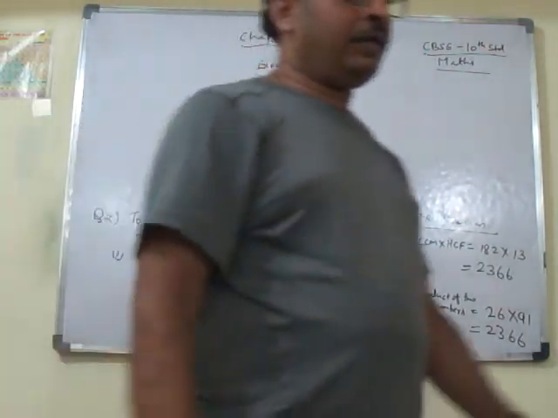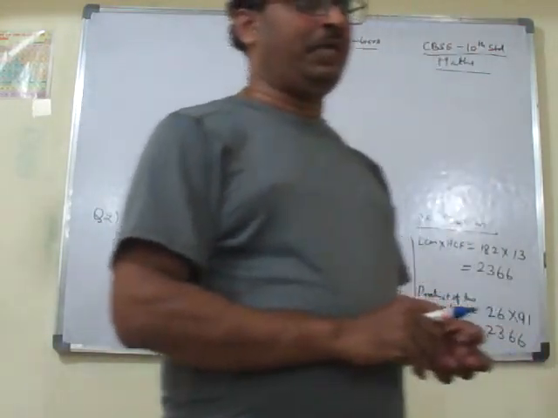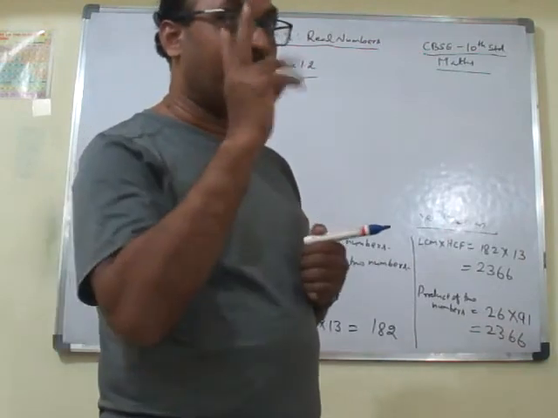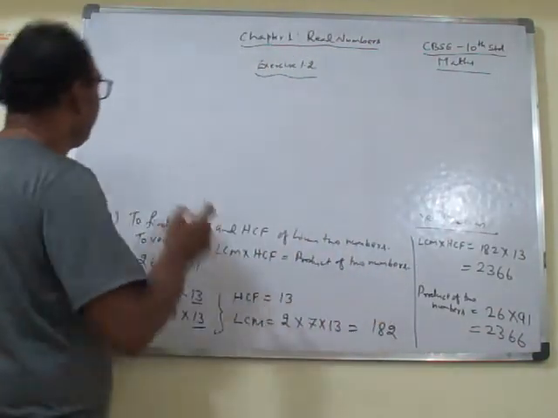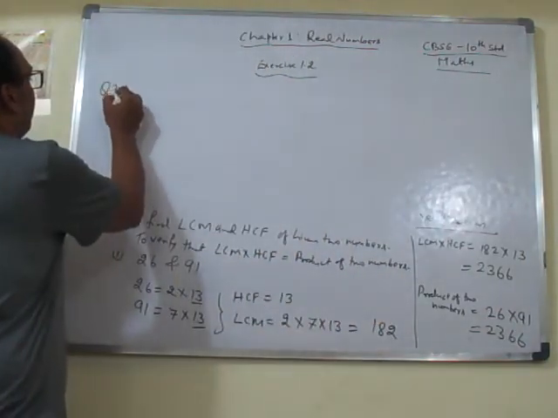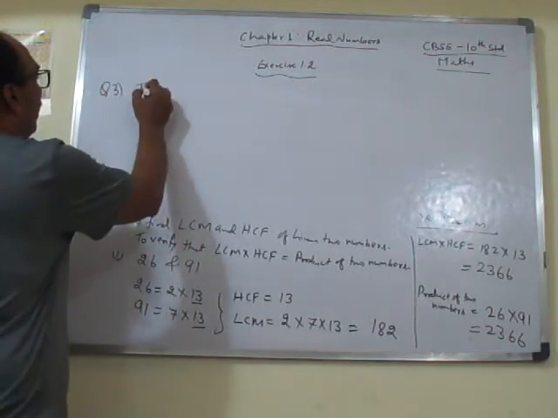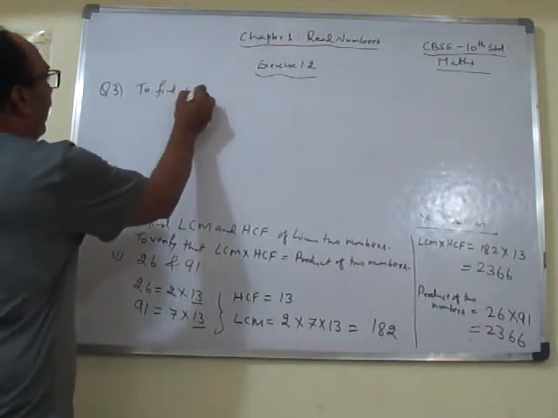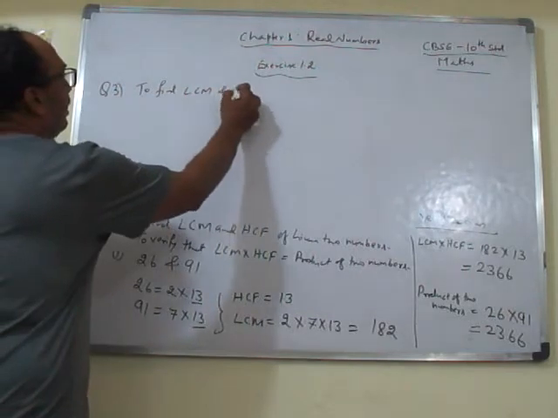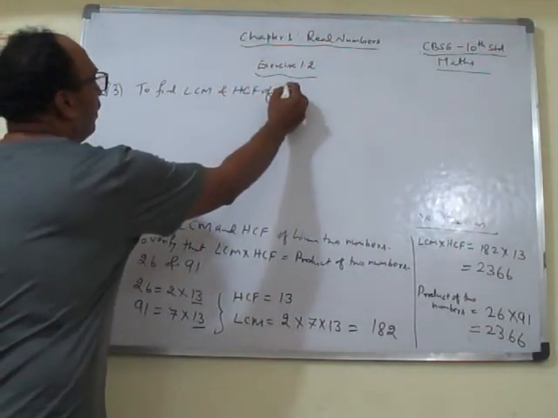Question number 3 is given for 3 numbers: to find the LCM and HCF of 3 numbers.